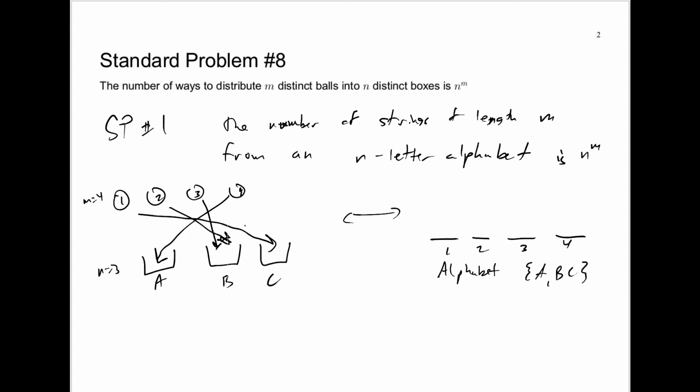And saying ball 1 goes into box C is like putting a C in position 1. Ball 2 goes into B is like having a B. 3 goes into B, so that's like a B here, and then an A. And you see, any distribution of balls would lead to a different string, and vice versa. The problems are really the same problems, just in different language, and of course they have the same answer.